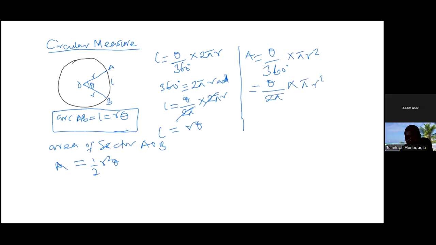So we cancel pi, and we'll be left with theta over 2 r square. So that means area is 1 over 2 r square theta. That is how this is obtained. Is that clear?